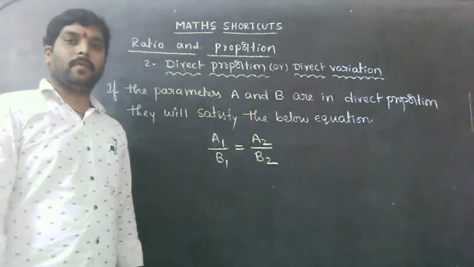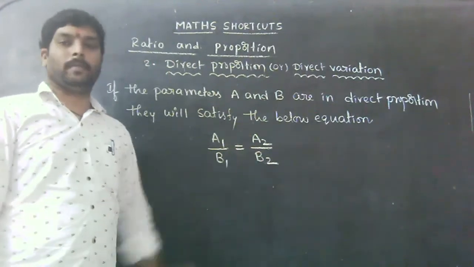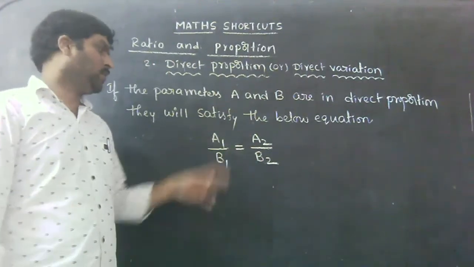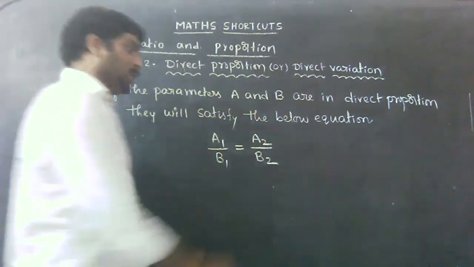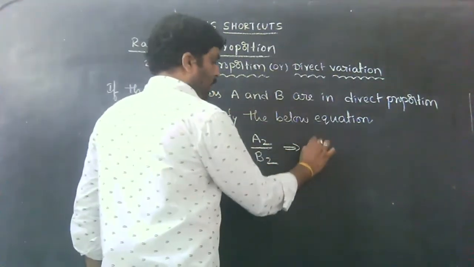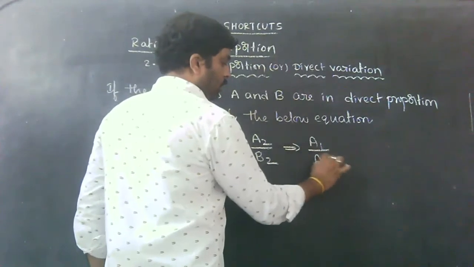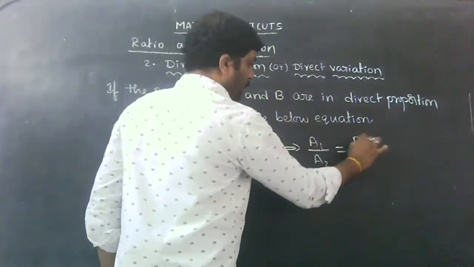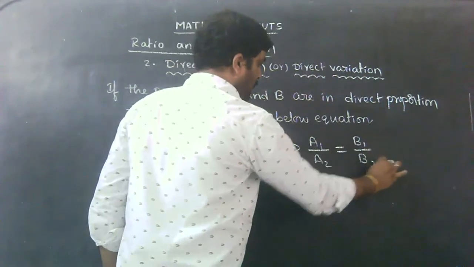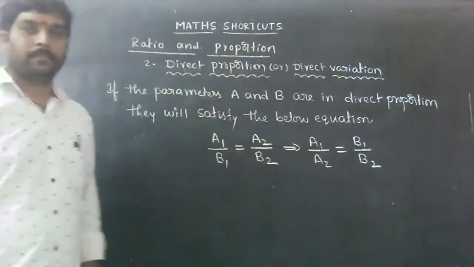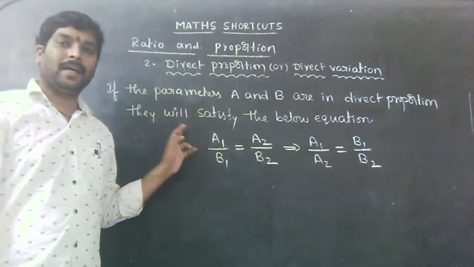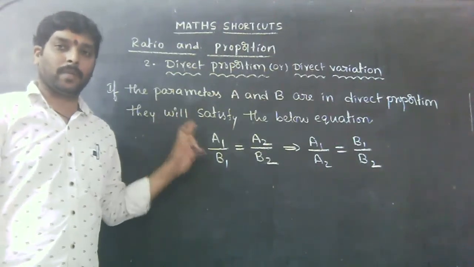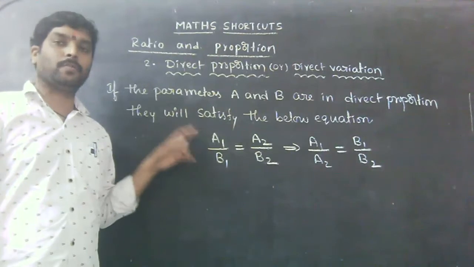We can also write A1 by A2 equal to B1 by B2. When they are in direct variation or direct proportion, this equation should be satisfied.